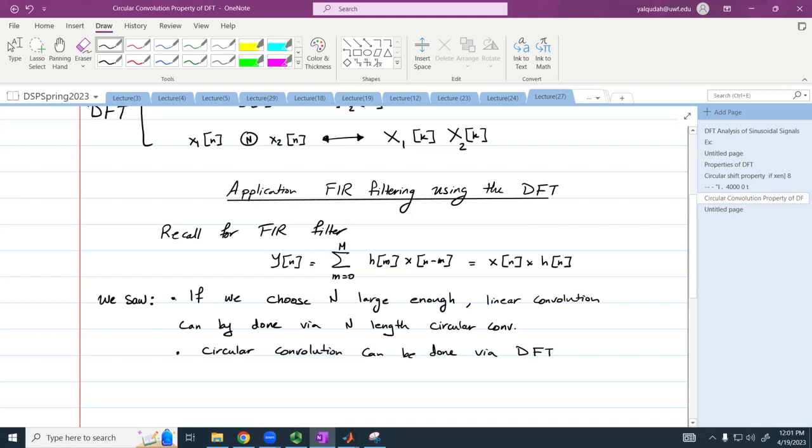So therefore, from 1 and 2, FIR filtering can be done using discrete Fourier transform.